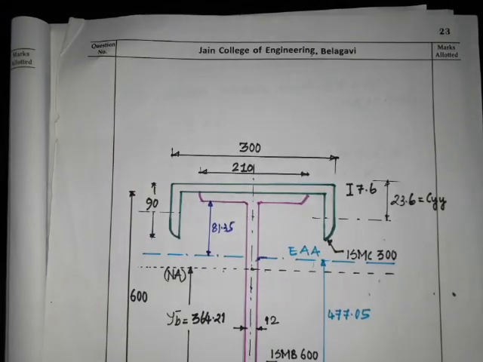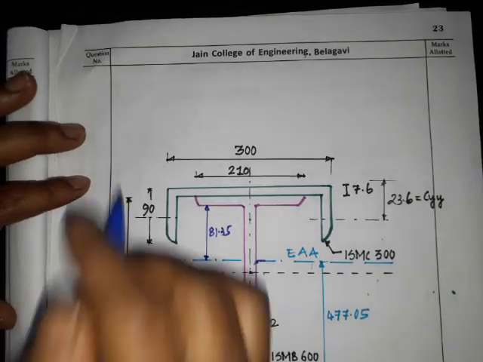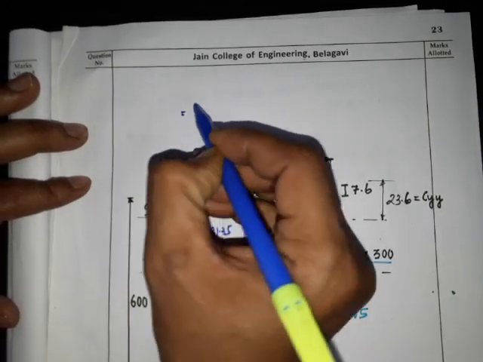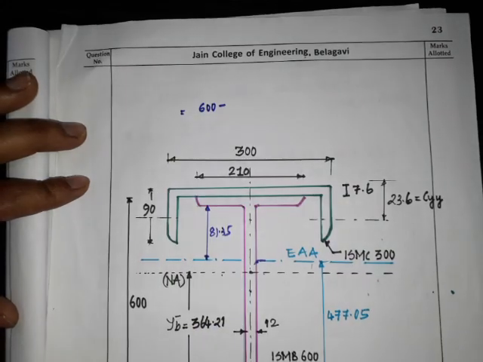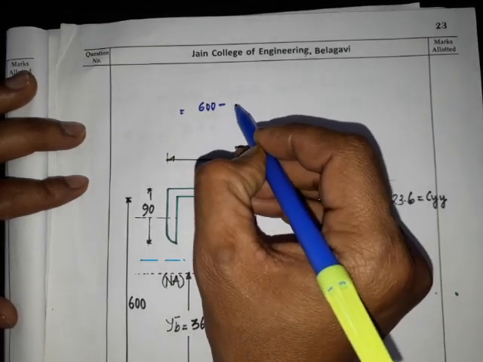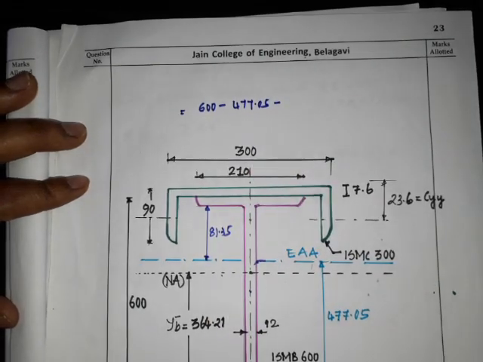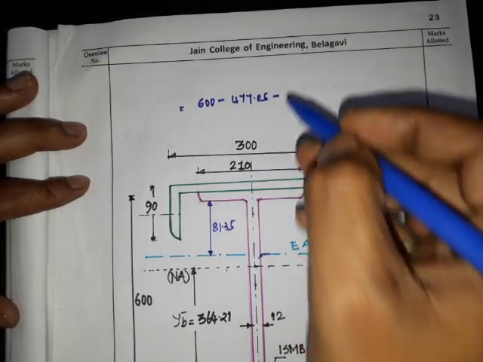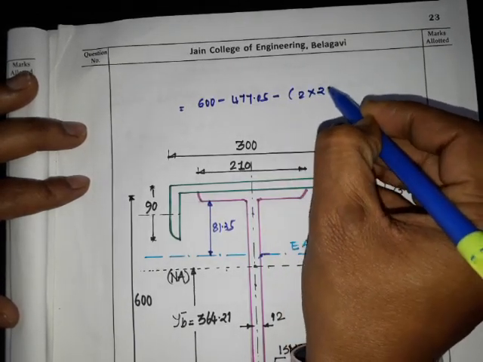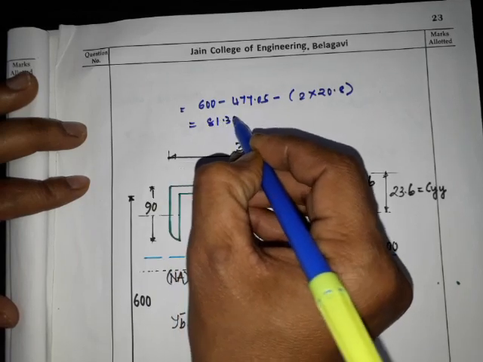How do you get this? It is 600 minus 477.05 minus 2 times 20.8, and we get 81.35.